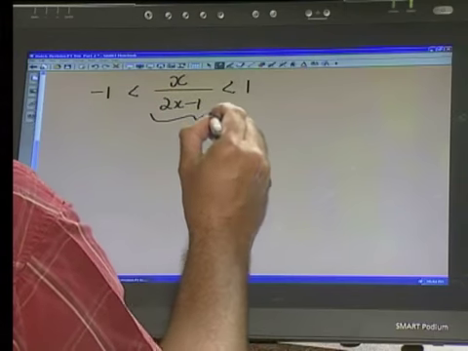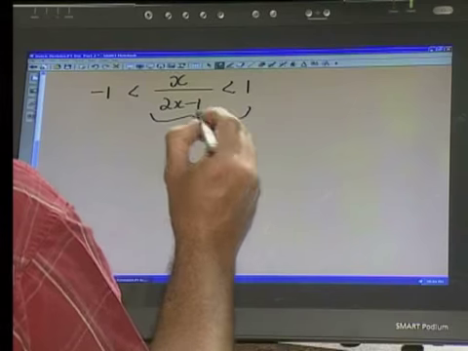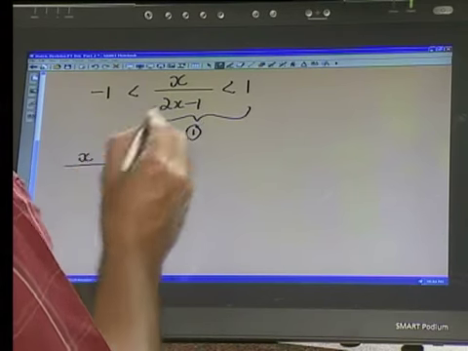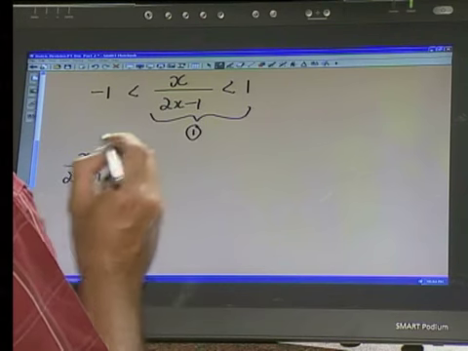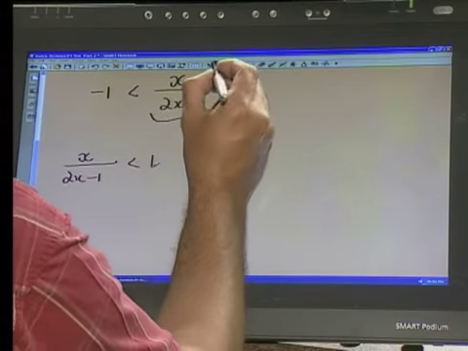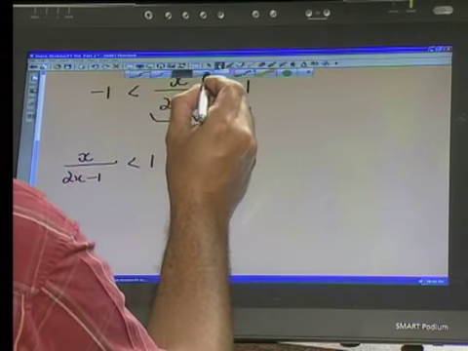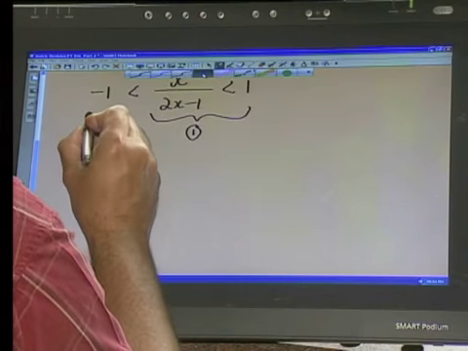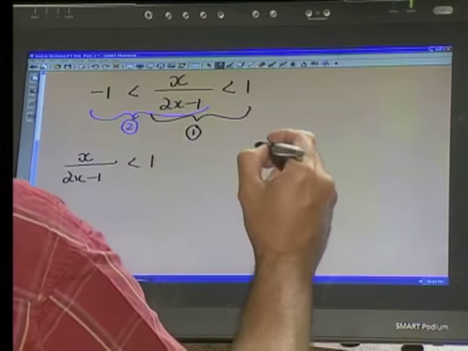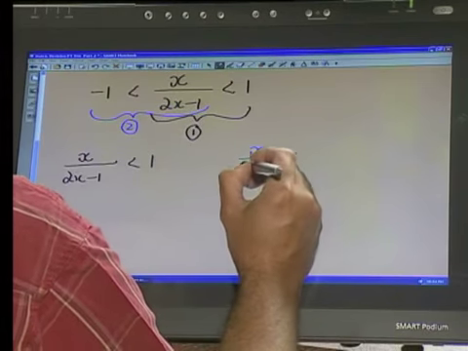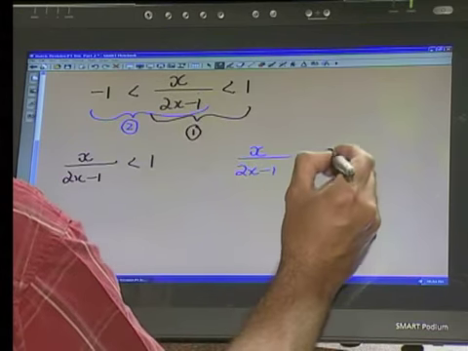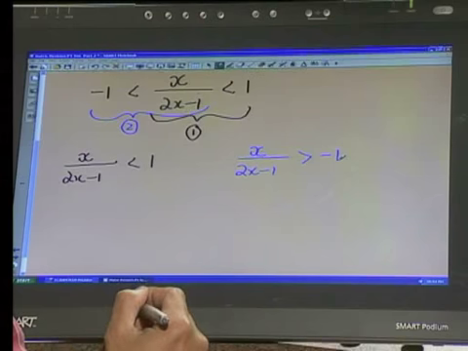So we're going to break the question up, Billy. We're going to first try and find out for which values of x will x over 2x minus 1 be smaller than 1. Then let me try this thin blue. Then we can use the second part and find out for which values of x will x over 2x minus 1 be bigger than -1.